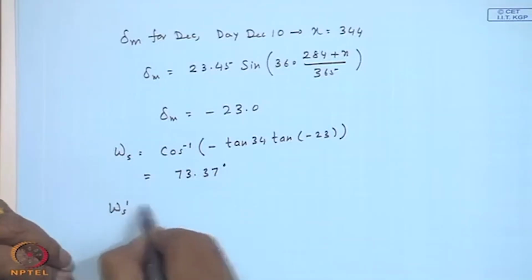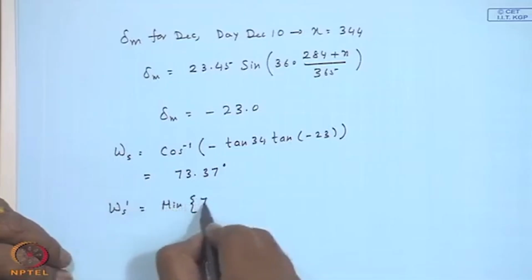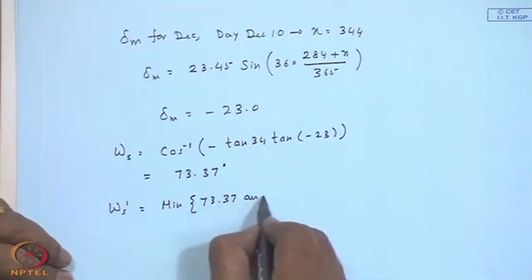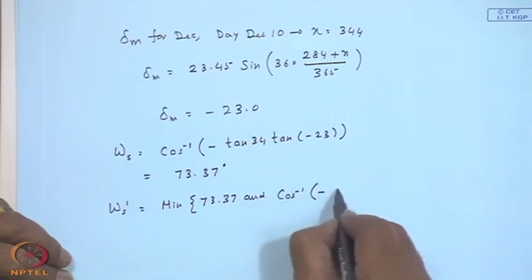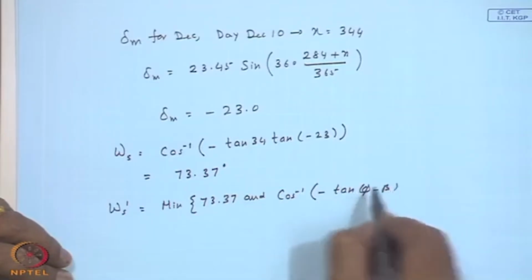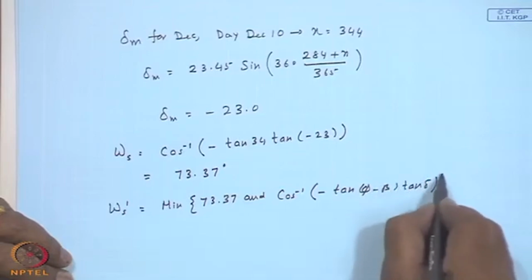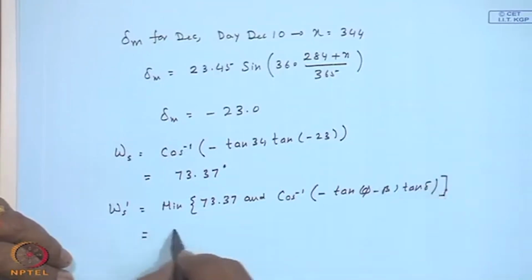Omega s dashed is the minimum of 73.37 and cos inverse of minus tan (phi minus beta) tan delta, which I do not even calculate.